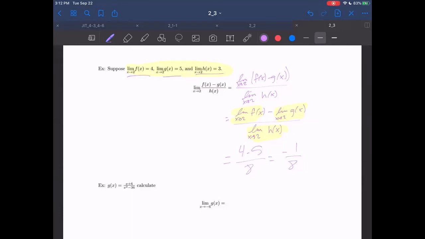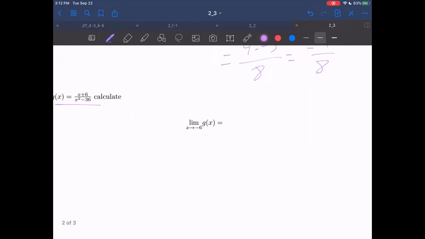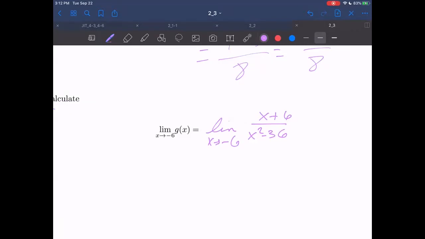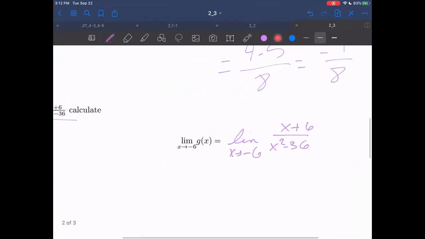Okay, sometimes we'll have the case where we look at it and we have the function, so we want to take the limit of this function. So it's the limit as x approaches negative 6 of x plus 6 over x squared minus 36. If I were to try to just plug negative 6 in, I would get something of the form 0 over 0.